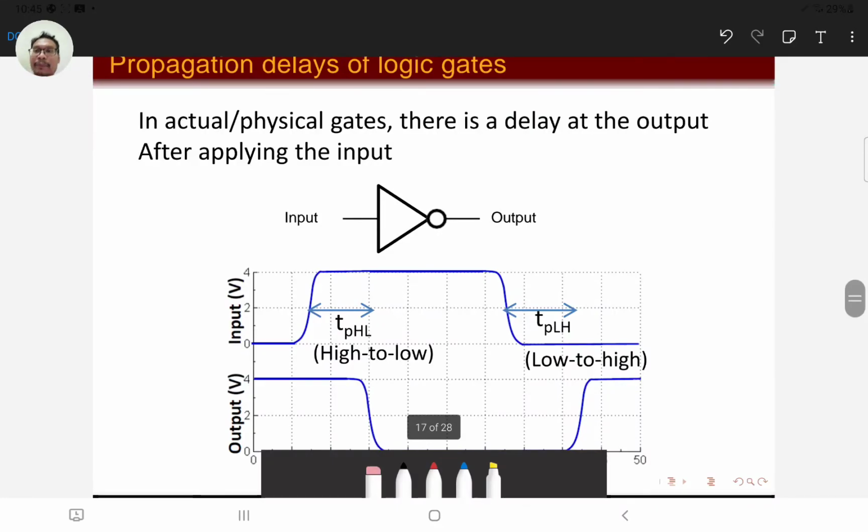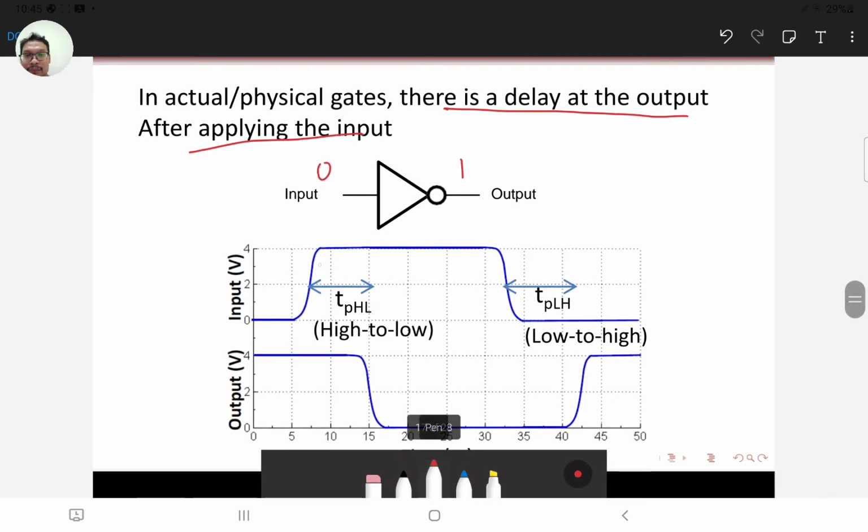Let's look at the basic propagation delay. In logic gates, when we apply an input, there is a delay at the output after applying the input. For example, I'm currently at 0, and here we're going to get a 1. Now at one particular moment, I'm going to give a 1 on the input.